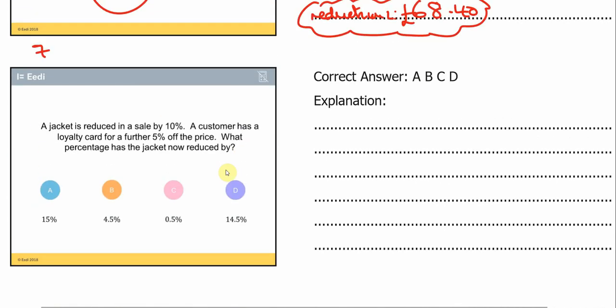Okay, question 7. A jacket is reduced in a sale by 10%. A customer has a loyalty card. So similar as before, but we're just wanting to think, what is the percentage taken off? If we take off 10% and then we take off 5%, we've already made the claim that it's not 15%, and we've proved it above.